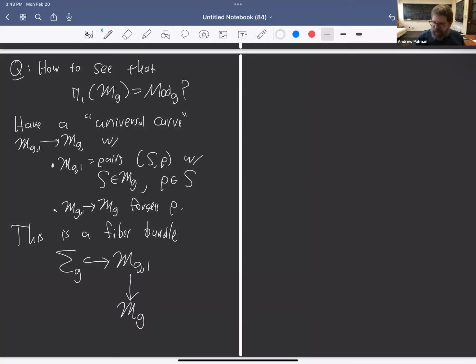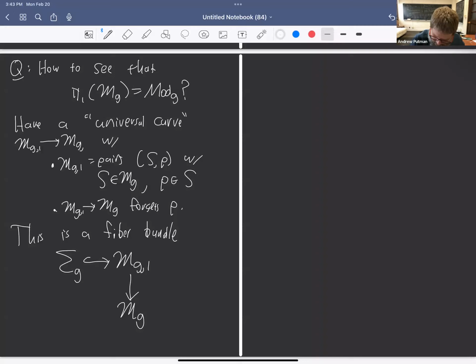In any case, we have this fiber bundle right here, and what this means is that above every point is a copy of the surface, and as we go around loops in Mg and you look up at the surface above you, well, the surface twists up, right? It gets deformed, and it comes back to itself in a twisted way.